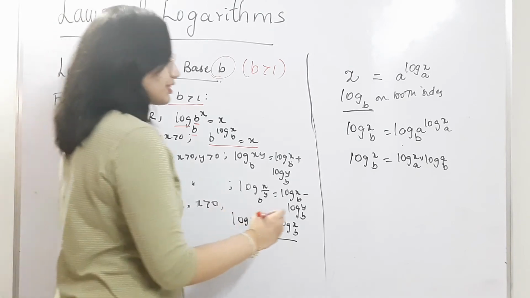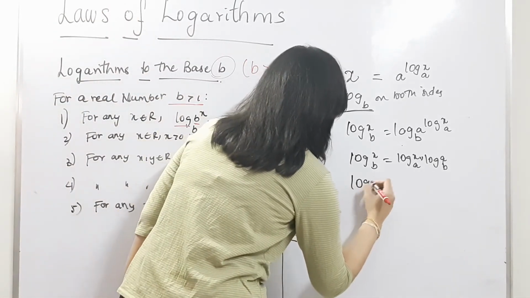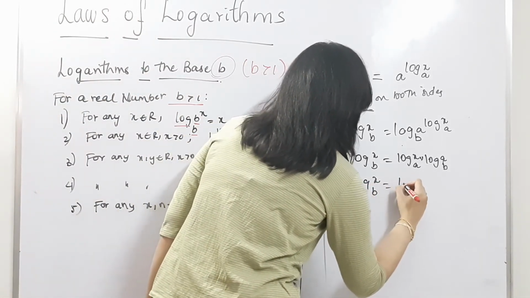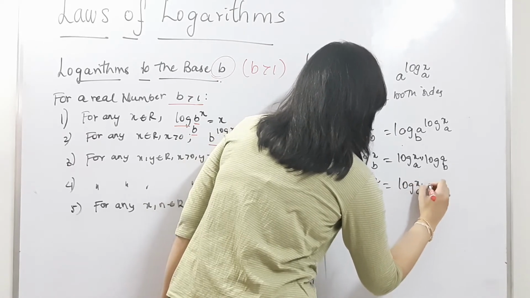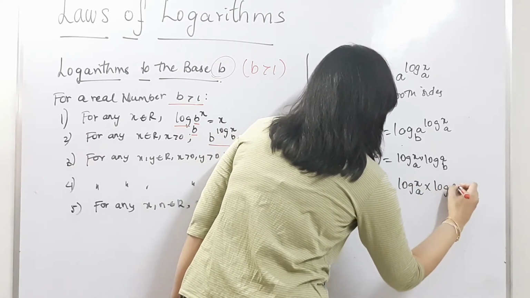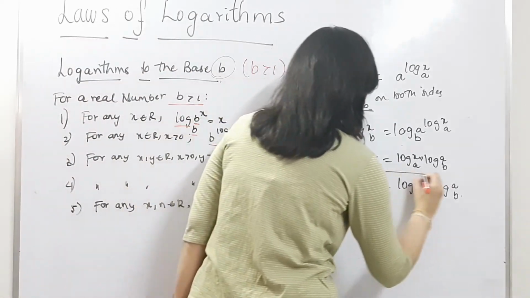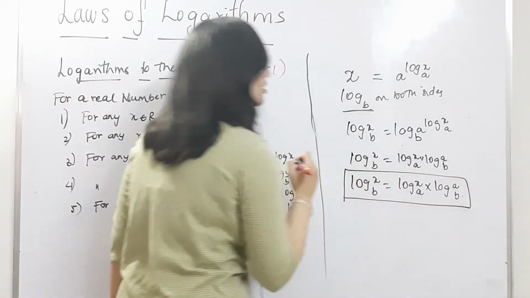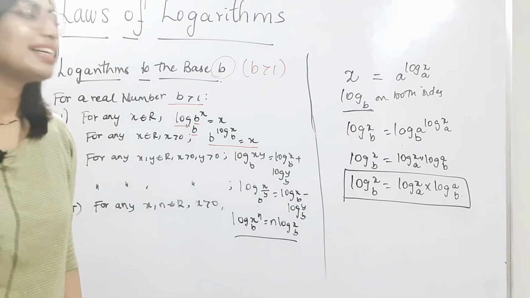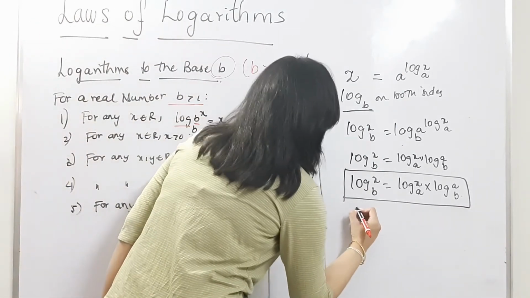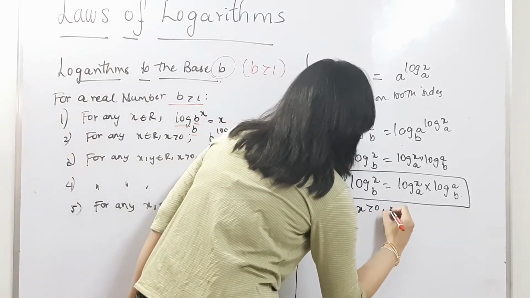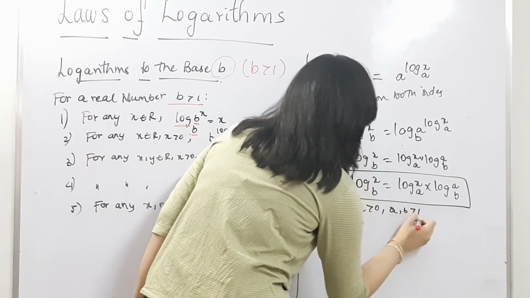We understood that log x to the base b can be written as log x to the base a and log a to the base b. So this is our next rule. And here x is greater than 0, a and b should be greater than 1.